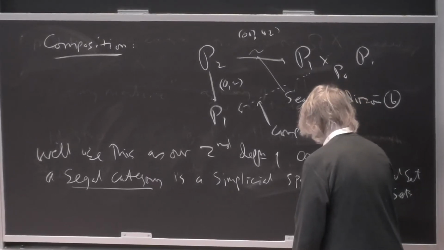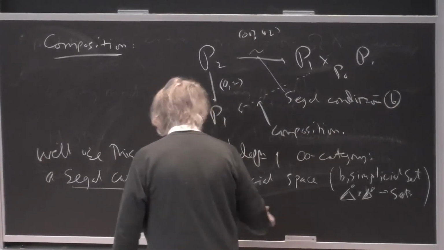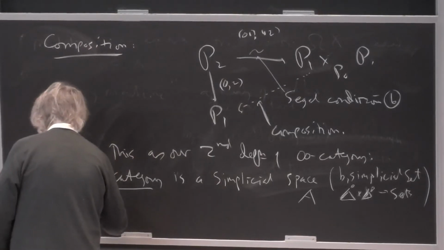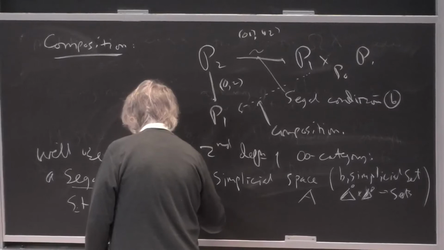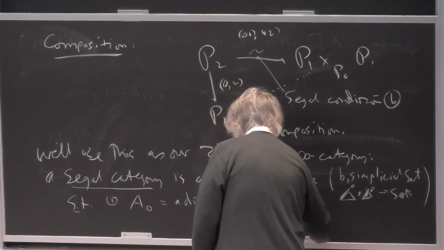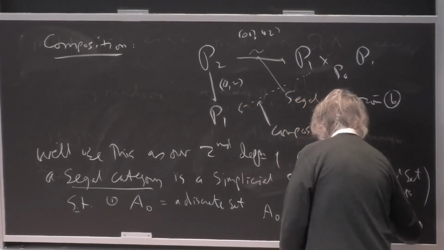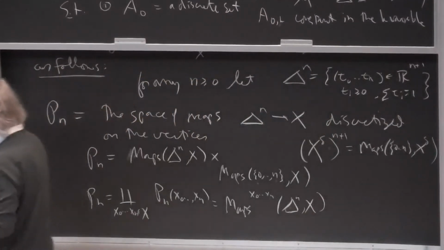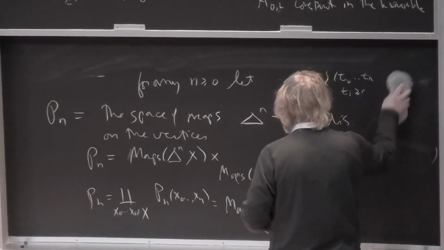This is not the simplex delta; this is the category delta. Let's call it A, such that: one, we require that A0 be a discrete set. In other words, A0,K is constant in the second simplicial variable. And two, just this condition B. We're not going to put condition C. Condition C would be the thing we would put if we wanted a Segal groupoid rather than a Segal category.